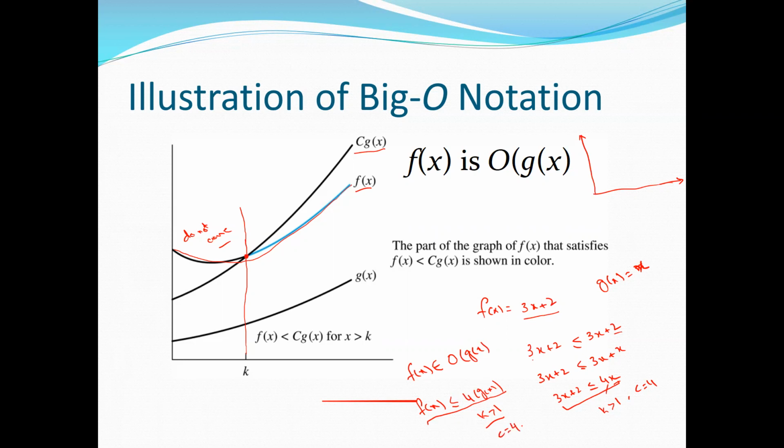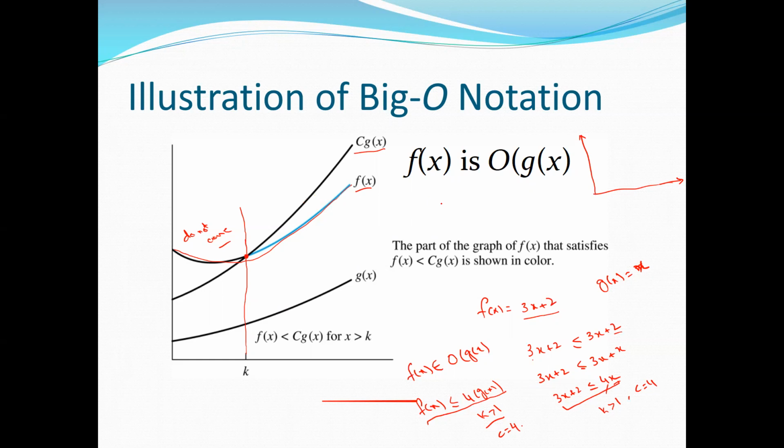We'll see some more examples in the coming slides, but this is how, if we have one function f of x, we can always say that this is bounded by g of x. G of x is the upper bound if this inequality holds. What is that inequality?